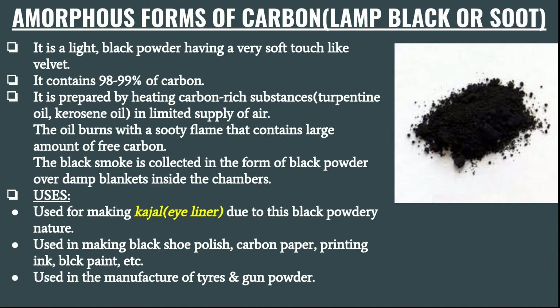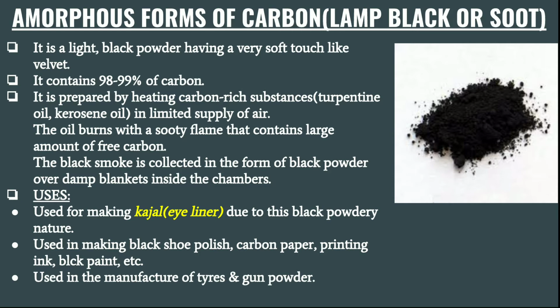The black smoke which comes out when the oil is burning is collected in the form of black powder over damp blankets inside the chambers, and that is known as lamp black or soot. It is prepared in this way.